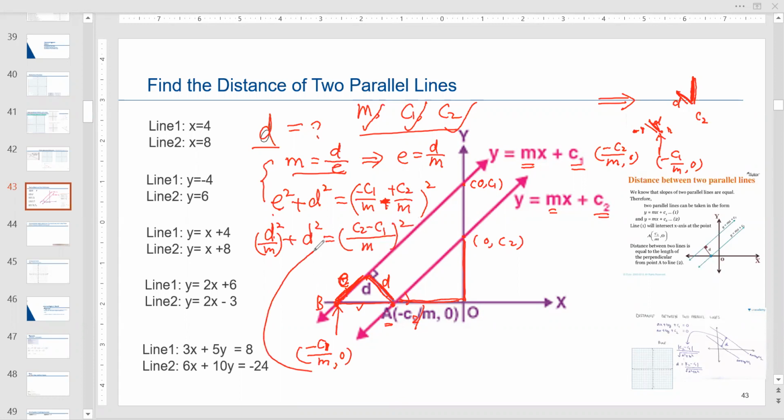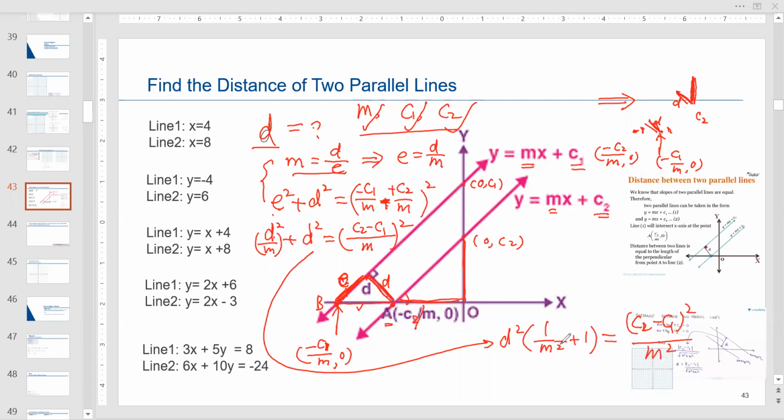All right, so let's see this one. I do change here. So left part became what? D square M plus 1, right? So left part, D square, we take it out. What about the right part? Right part is C2 minus C1 square M square.